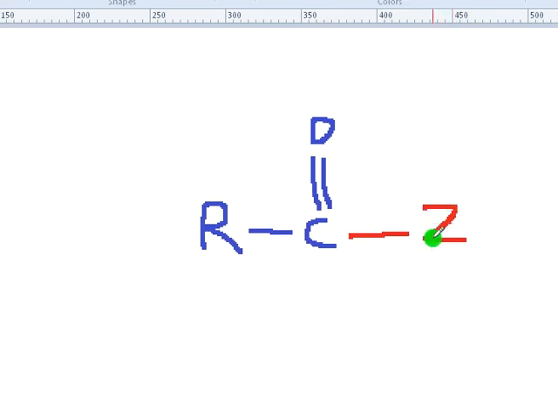Here, if you replace this Z with OH, it will be a carboxylic acid. And you know the carboxylic acid group is R single bond carbonyl and then OH. Then it is an acyl group bonded to a highly electronegative atom.